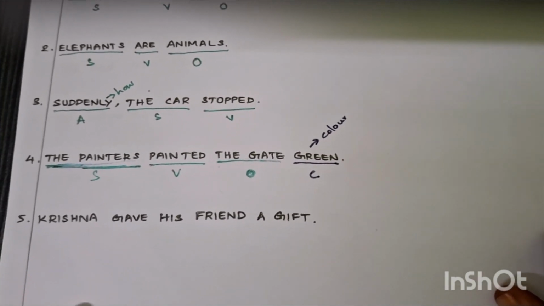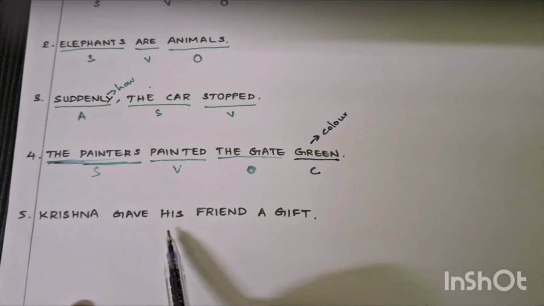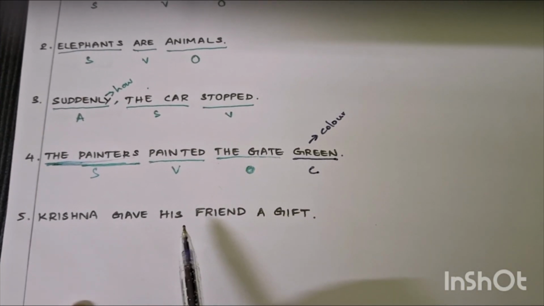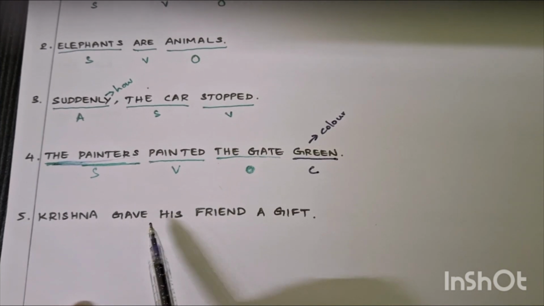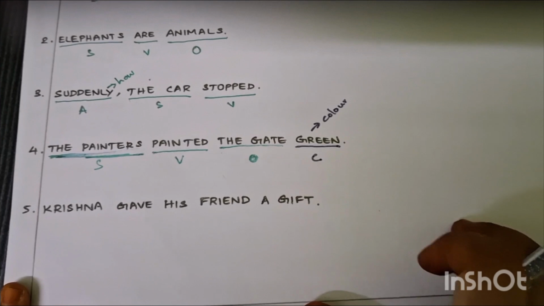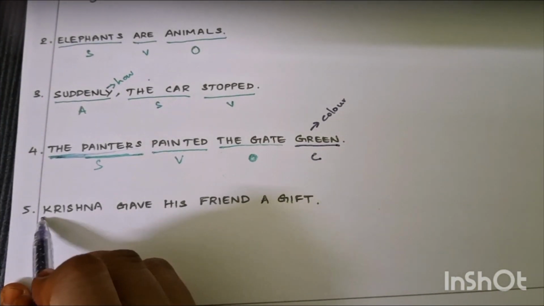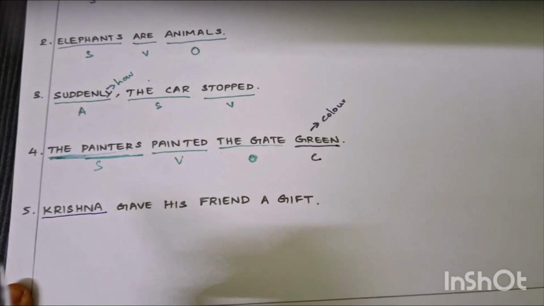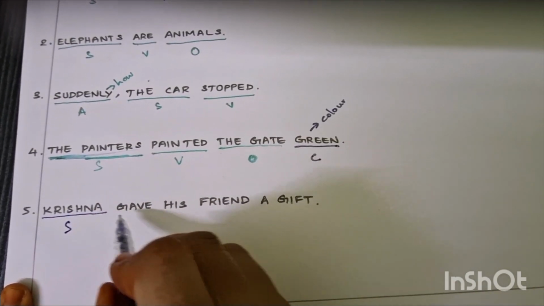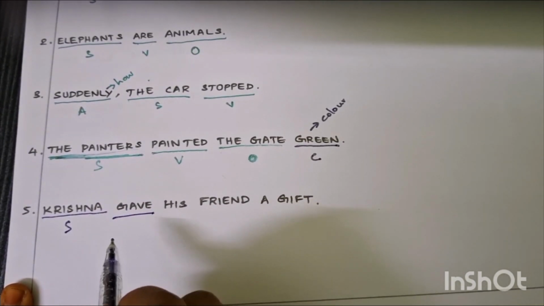And let's see the final example. Krishna gave his friend a gift. The sentence also can be written like this: Krishna gave a gift to his friend. Both give the same meaning. Okay, in this sentence, Krishna, we are speaking about the name of a person. It falls under subject. And gave is regular action.